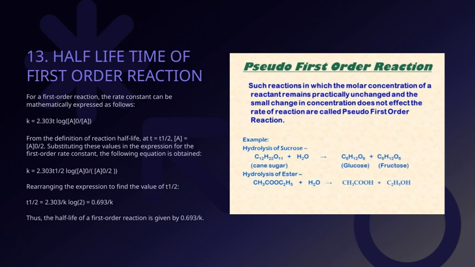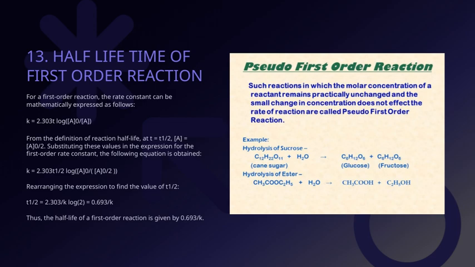to the rate constant. Now, if we want to find the value of T1/2 from the rate constant, we can rearrange this equation. So, K equals 2.303 over T1/2 times the logarithm of the initial concentration over half the initial concentration, which is A0 divided by A0/2.